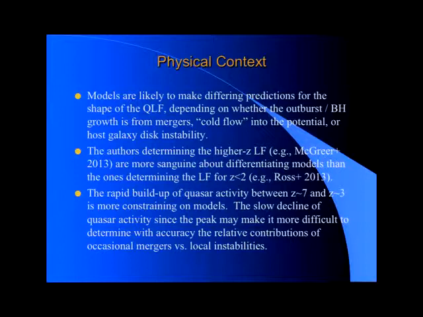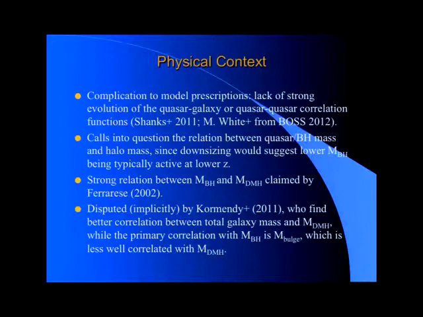The lower-redshift folks, as things slowly exhale, are less sanguine, because with the occasional major merger and the occasional disk instability, it's going to be more challenging to decide what sets the shape.